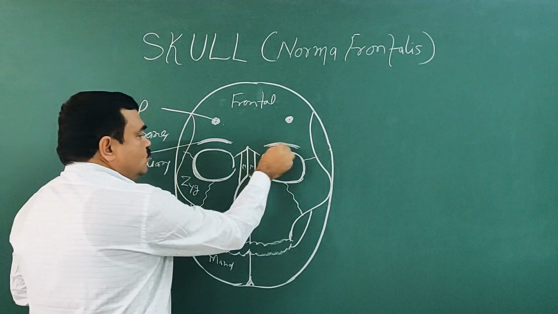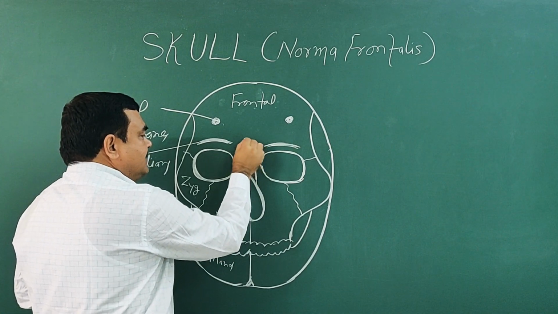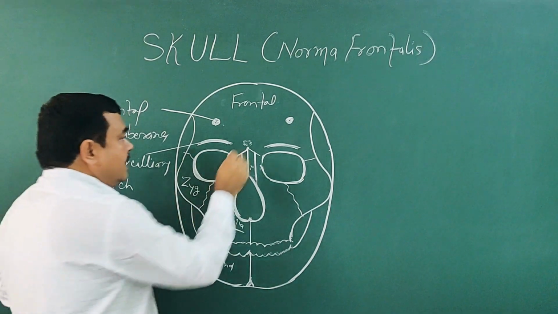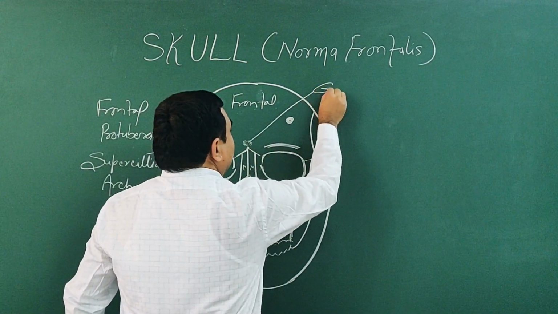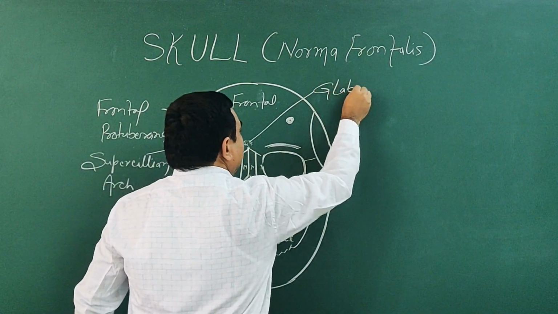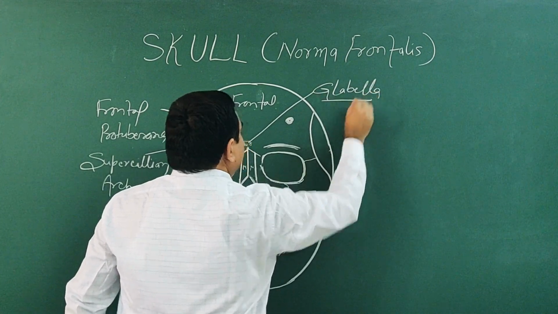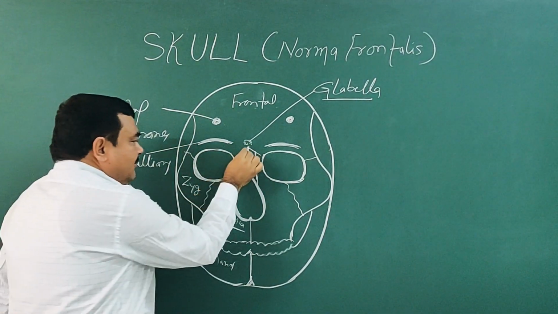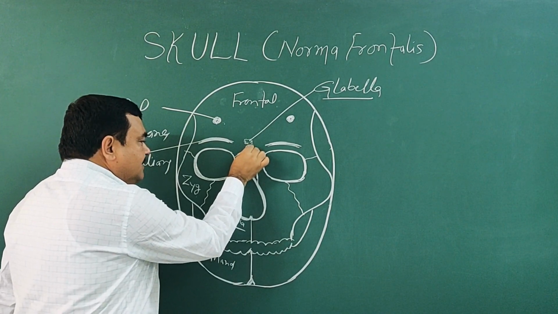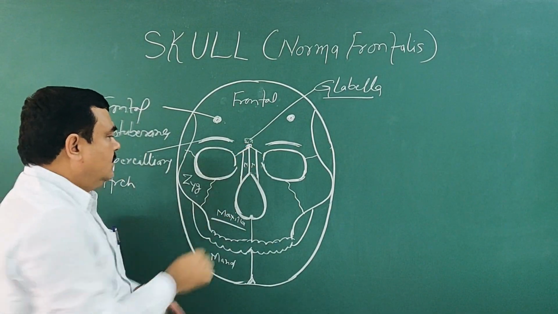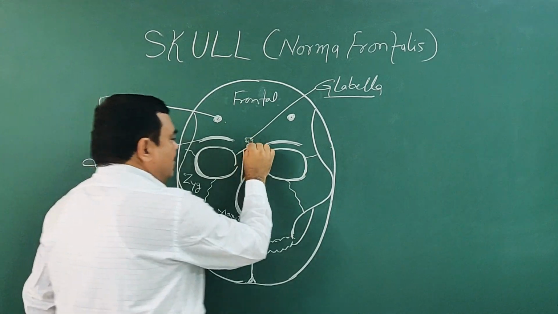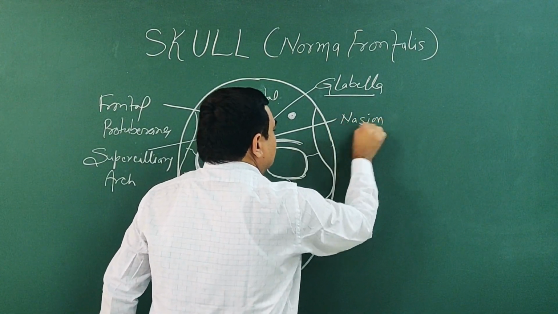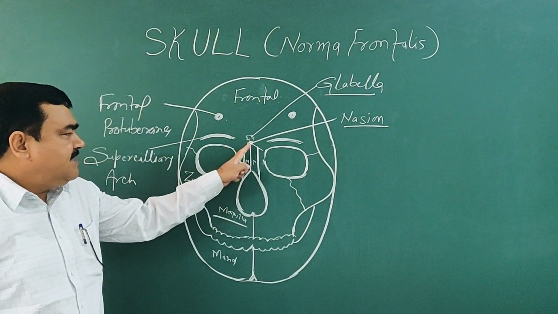Between these two superciliary arches, this area is prominent. This is known as the glabella. And just below this glabella, this point is the nasion.